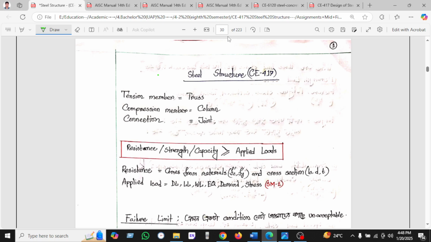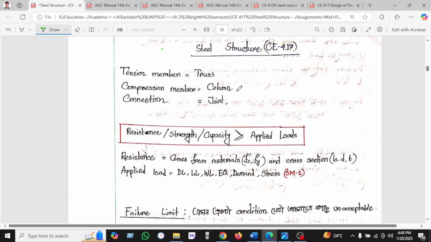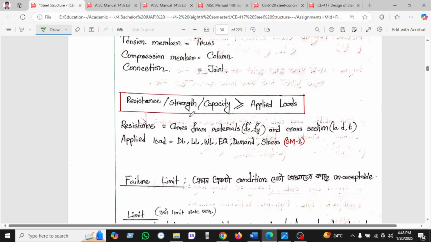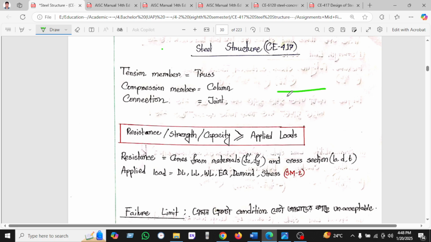Let's start. We know the tension member is a truss, the compression member is a column, and the connection is a joint. So the resisting strength or capacity must be greater than the applied load. If we consider a building of steel shed, as we see in the figure, the applied load is here.